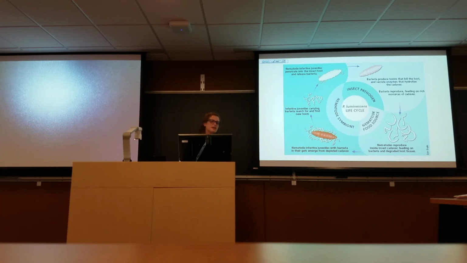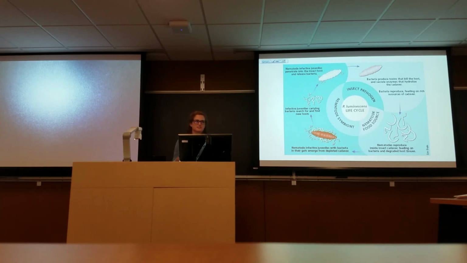So it lives in the nematode after it is born, and then the nematode will infect an insect, so it'll worm its way into an insect, and then it'll spit the Photorhabdus luminescens out, and the bacteria will release all of its toxins.